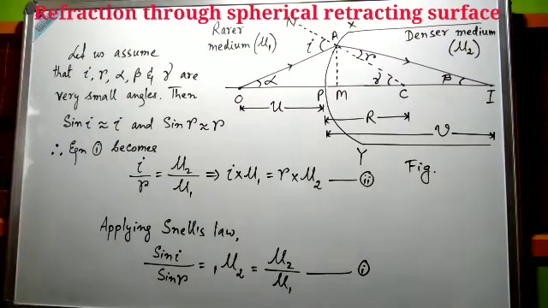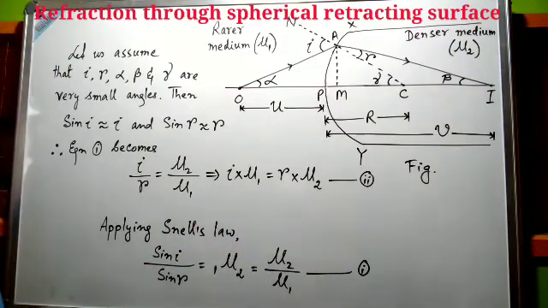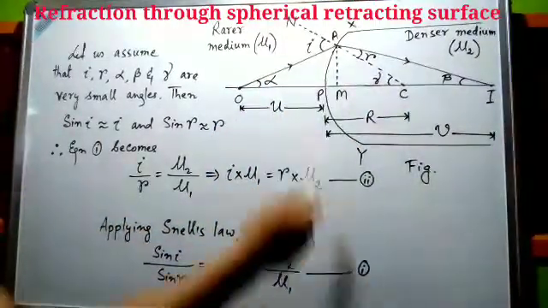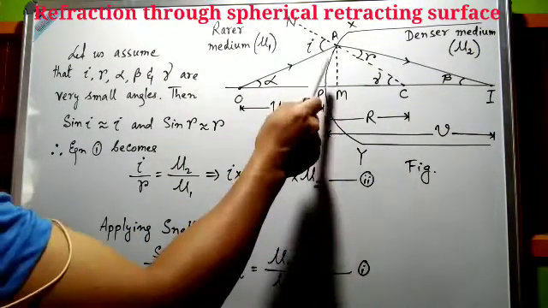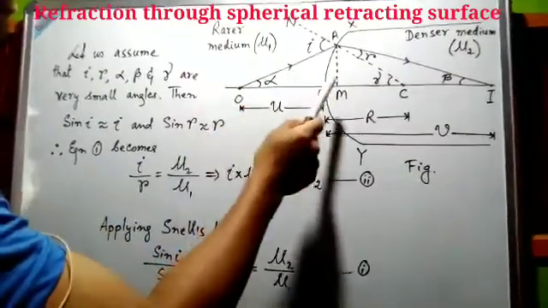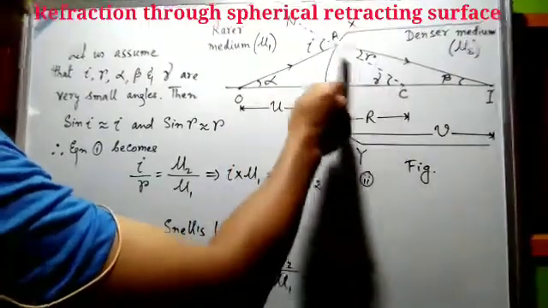Now we have to express the angles I and r in terms of alpha, beta, gamma. From the figure, consider triangle AOC.